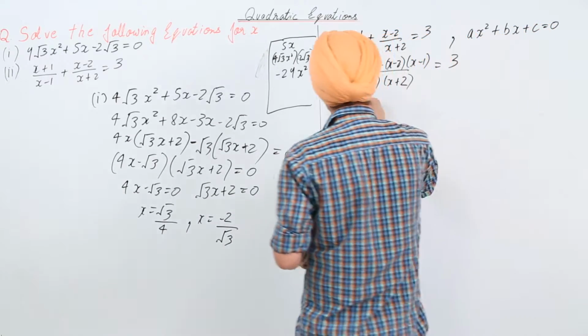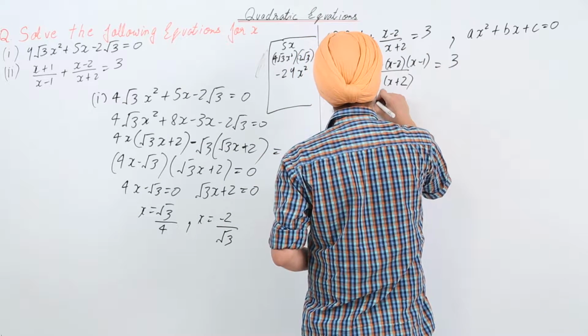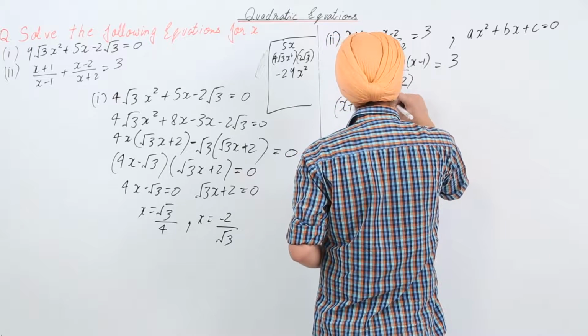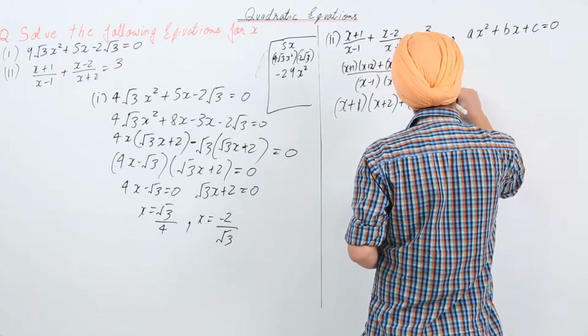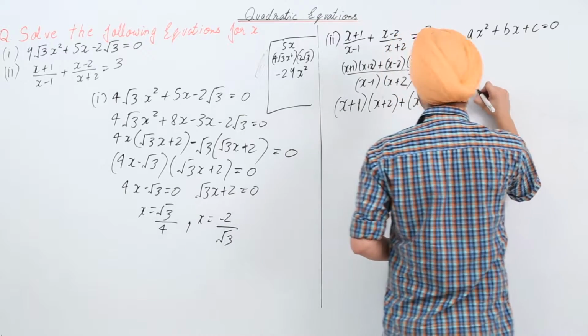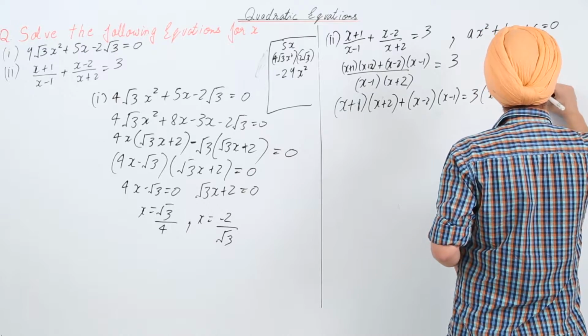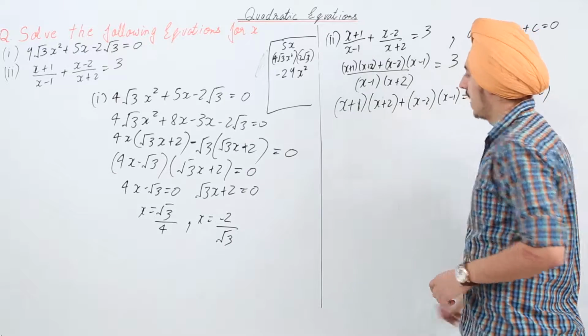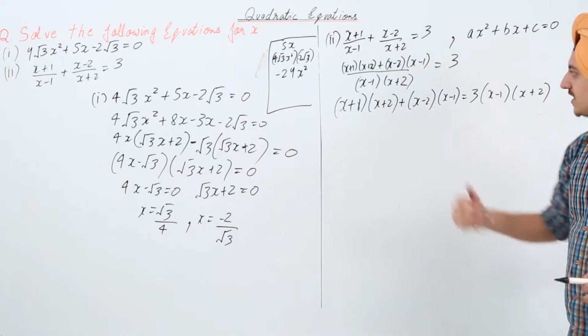So we have (x plus 1) into (x plus 2) plus (x minus 2) into (x minus 1) equal to 3 into (x minus 1) into (x plus 2). Now we have to multiply and simplify this equation.